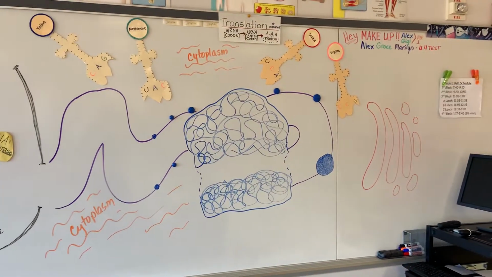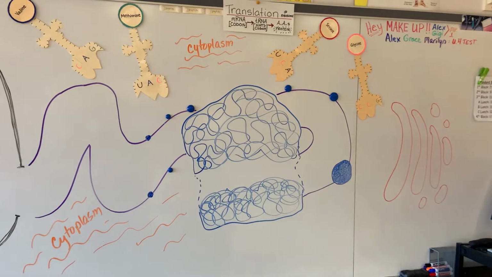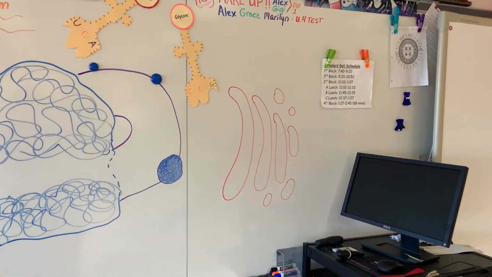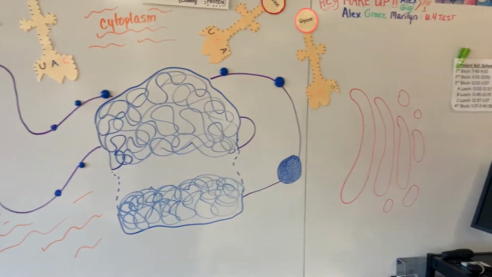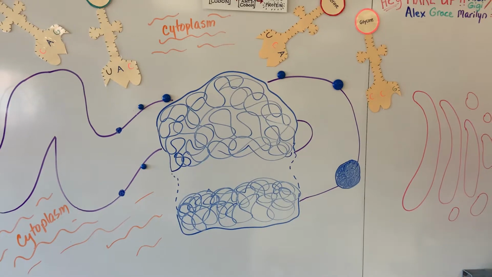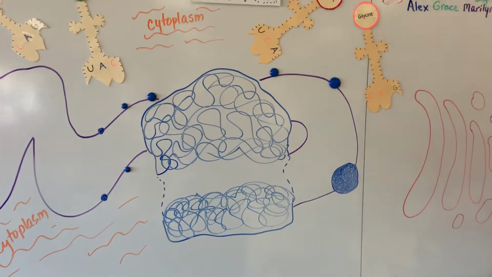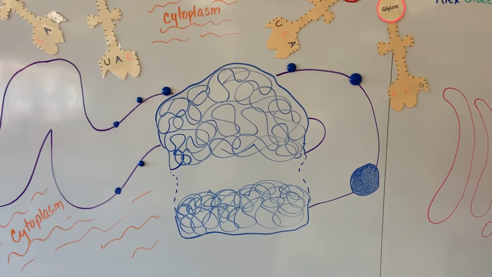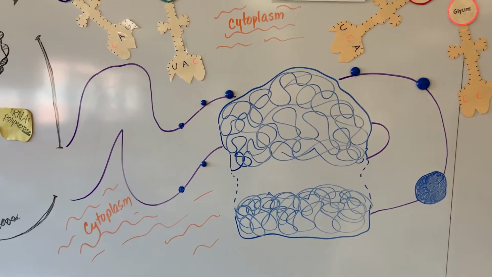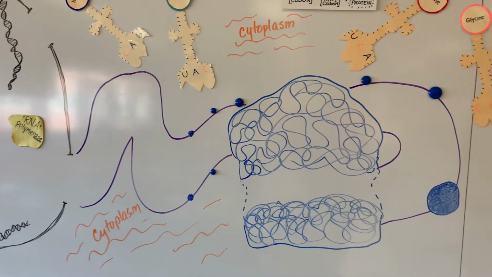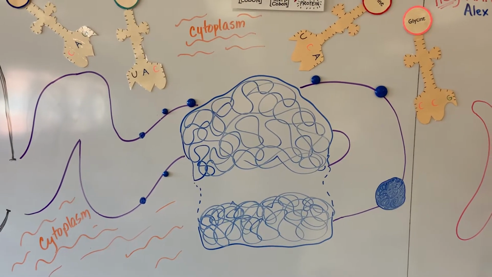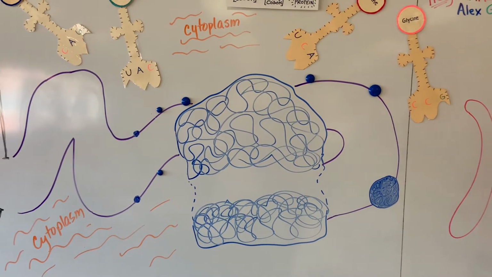And then this might be a little bit more confusing as to what's going on here. Out here we have some Golgi apparatus, and then we have a big blue blob, but there are some smaller blue circles that are attached to a tube. So hopefully you figured out that that must be the endoplasmic reticulum, and the blue circles are ribosomes attached to the ER, so that's rough ER.